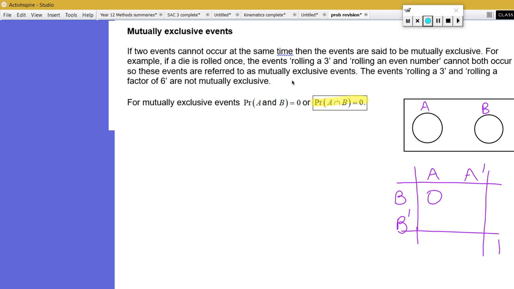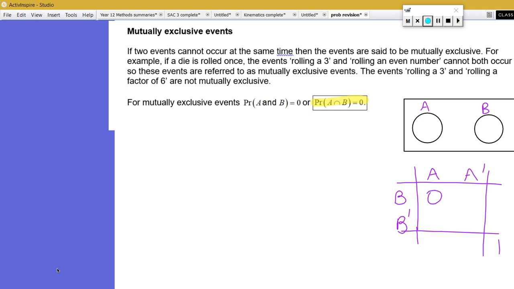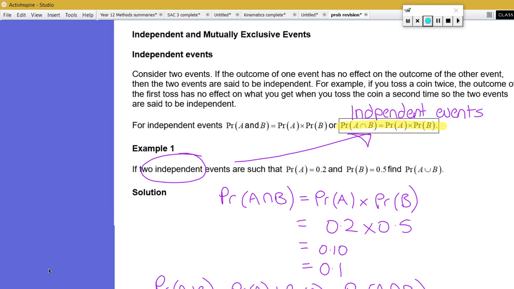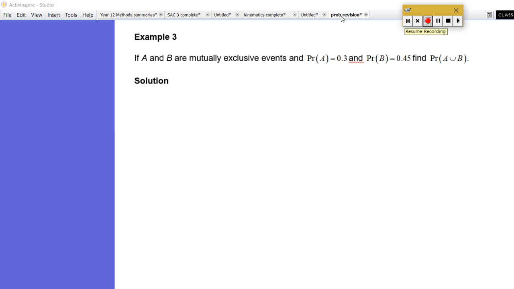So when events are mutually exclusive, we know that the probability of A intersection B is equal to 0. So you must make sure that you keep those two rules separate because they're quite similar. Okay, so the probability of A intersection B for independent events is equal to the probability of A times the probability of B. But when the events are mutually exclusive, the probability of the intersection is equal to 0. So here's an example where we're told that the events are mutually exclusive.